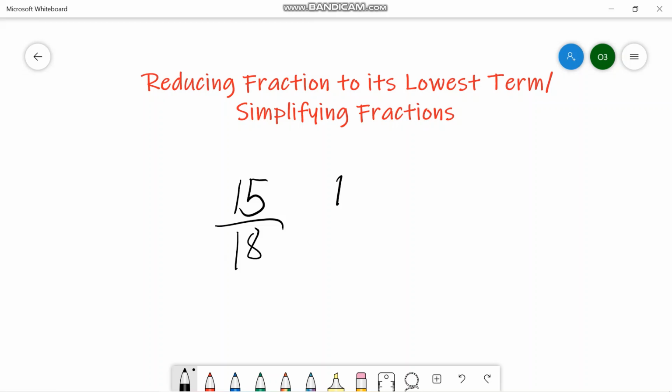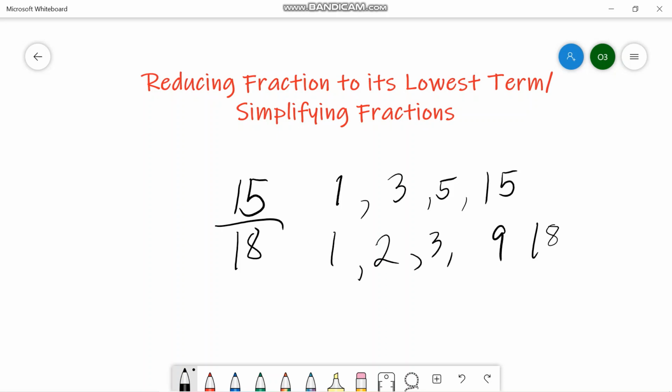First, we have 1 and 15, and we have 3 and 5. What about 18? We have 1 and 18. We have 2 times 9. And we also have 3 times 6. So these are the factors of 15 and 18.